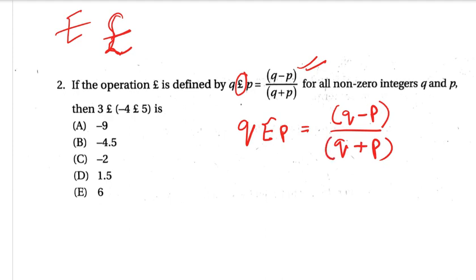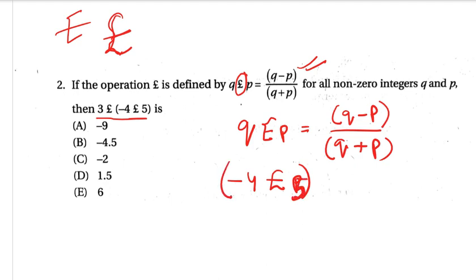Now let's start putting some values. So the first one, you actually have to find what is 3 pound minus 4 pound 5. So first let's find minus 4 pound 5. Okay, pound is an operator. What does the operator do?